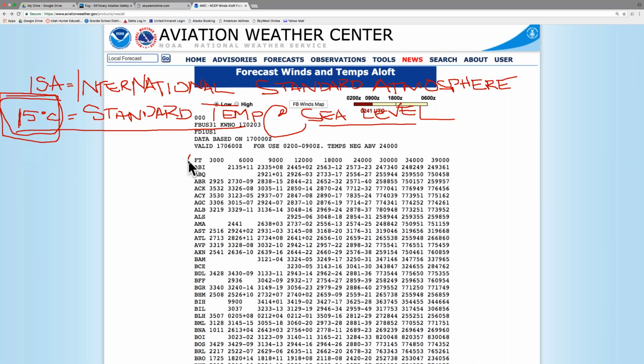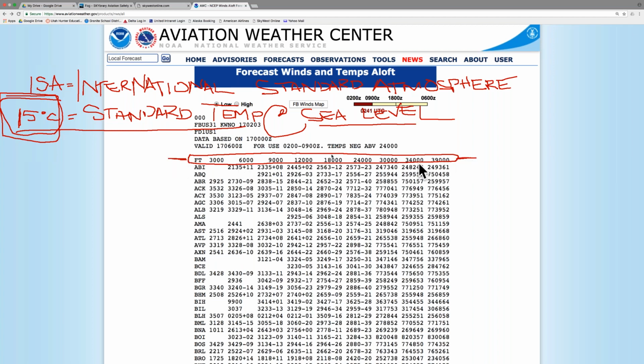Let's look at what we call a winds aloft chart. This is where we're going to apply this ISA, the standard atmosphere, and we're going to use this 15 degrees Celsius. Now we're going to continue using this chart in our flight planning, so pay attention here, and it'll make it easier when we start doing our flight planning. Across the top, we have the key.